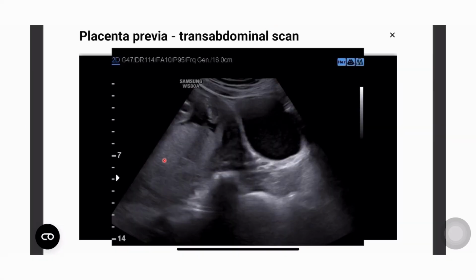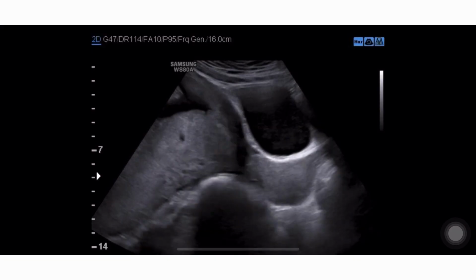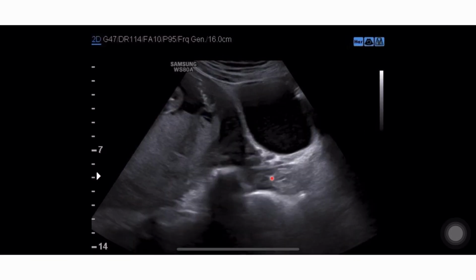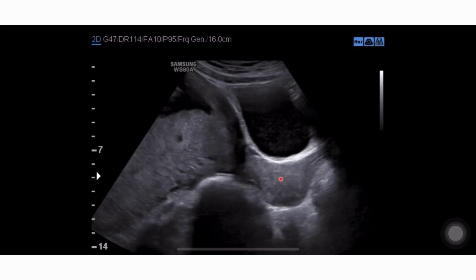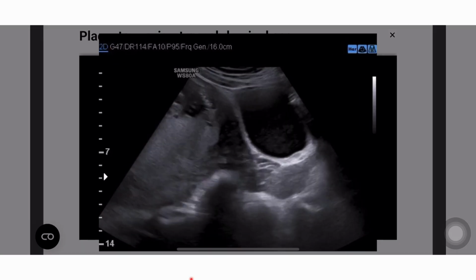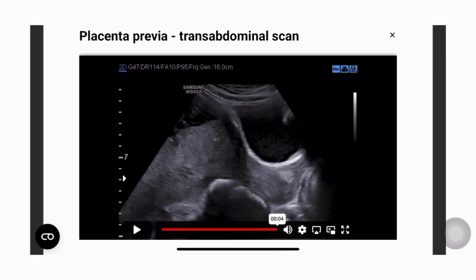So this is from a transabdominal scan. Let's play the video. Again, you can see the placenta is here. This is the uterus, and the placenta is covering the os.